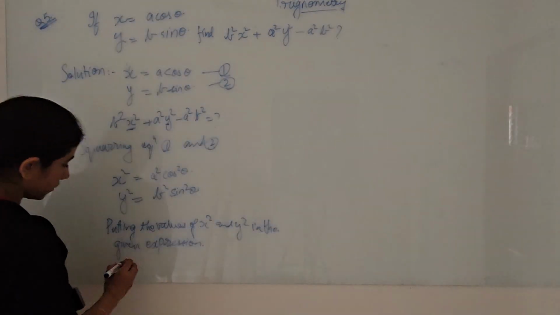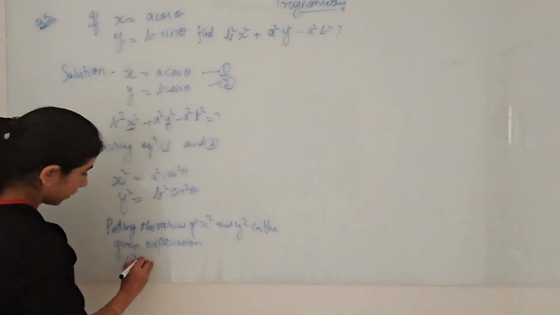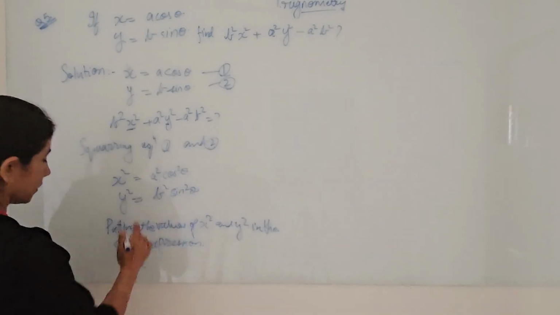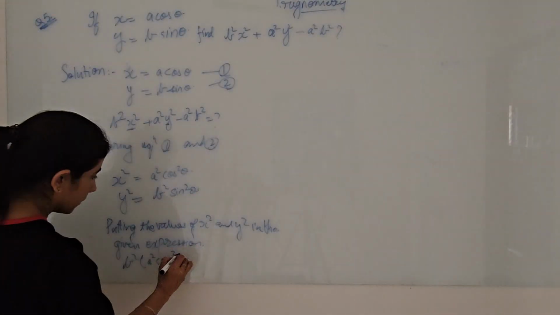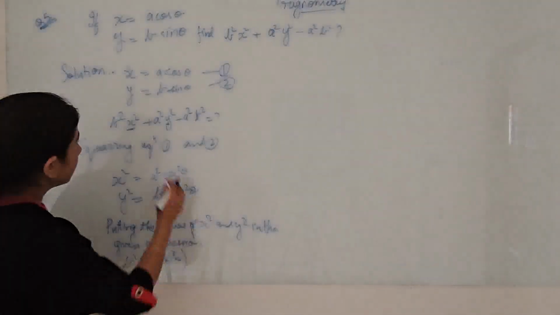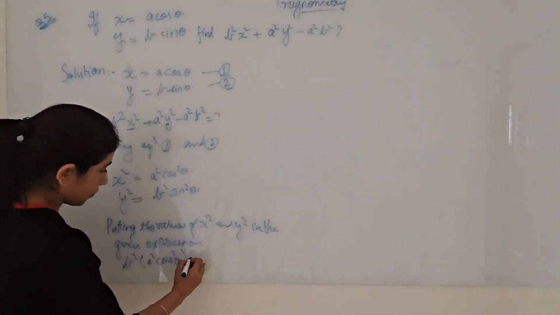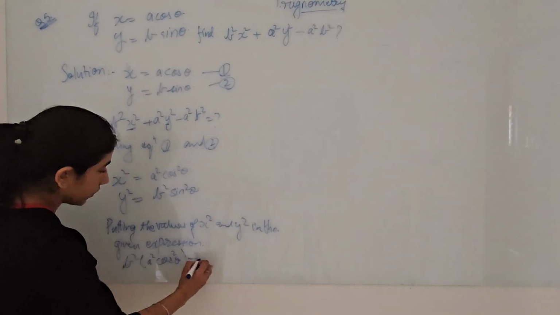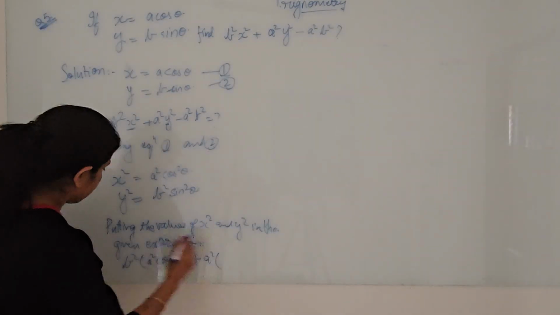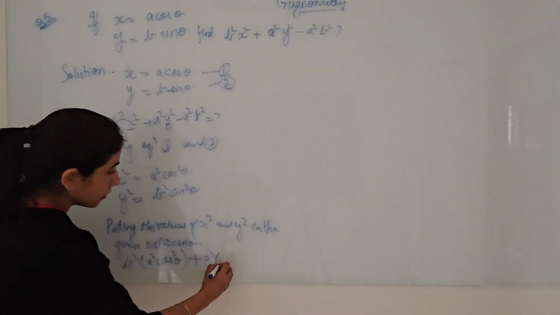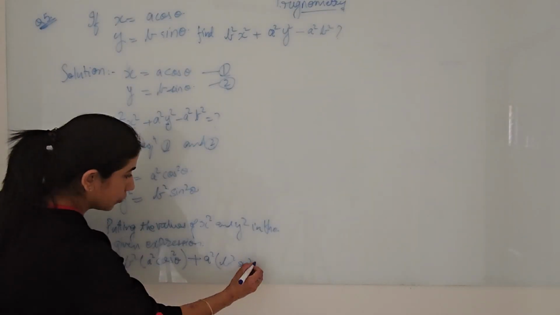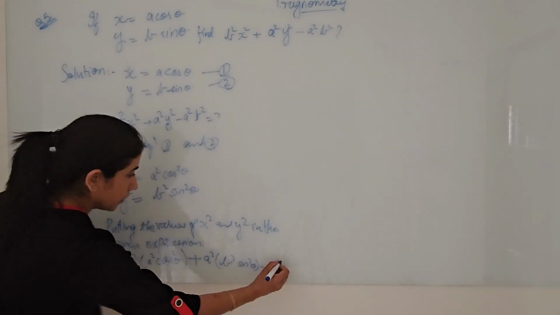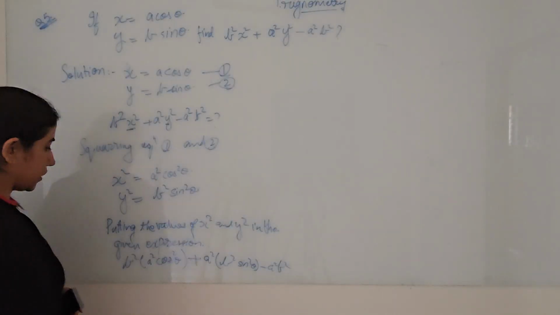Okay, what I got? b square and x square is a square cos square theta. Similarly, next term, sorry, a square y square is b square sin square theta, minus a square b square.